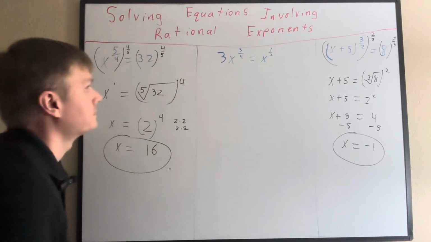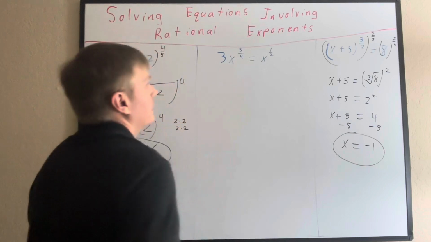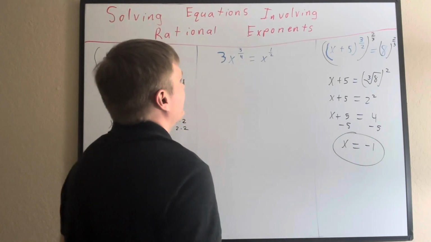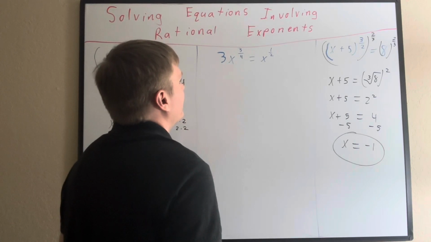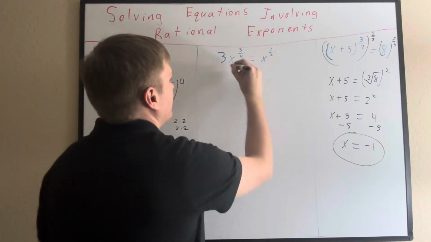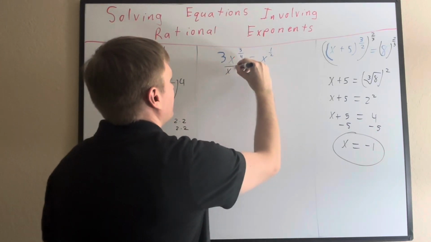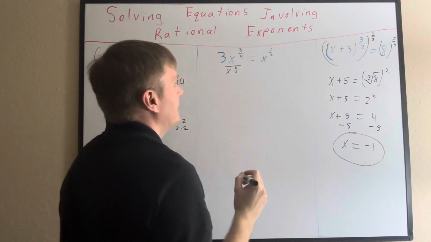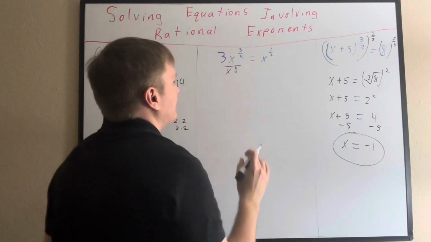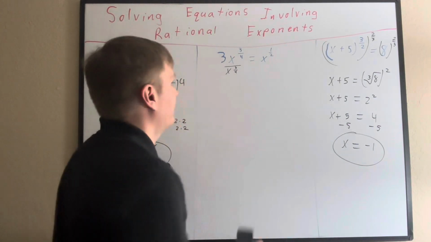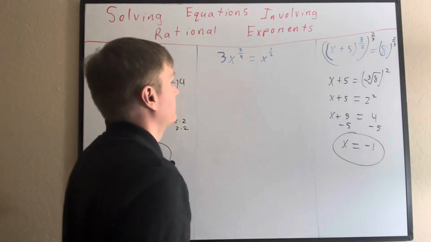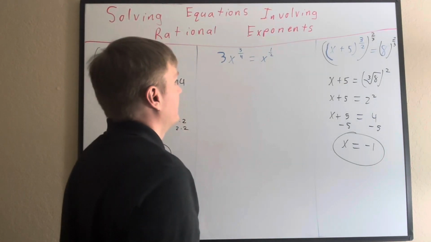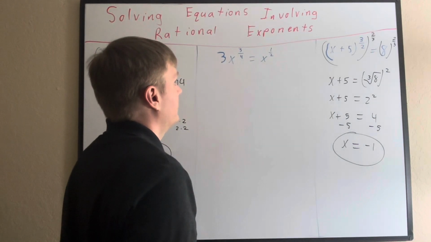All right, now the middle one. Some of you might be thinking that to get x by itself, we could divide both sides by x to the 3/4, but that would give us only one answer. There are 2 answers in this equation.